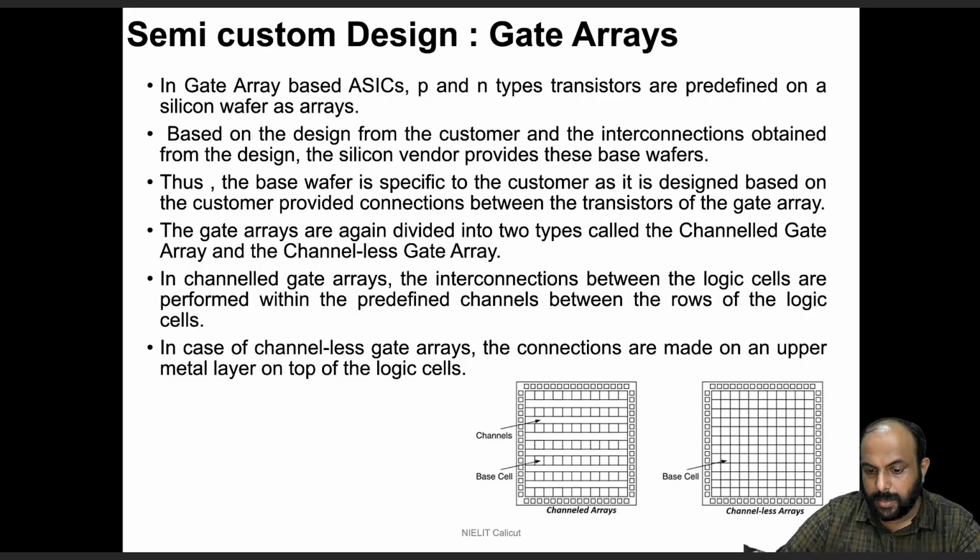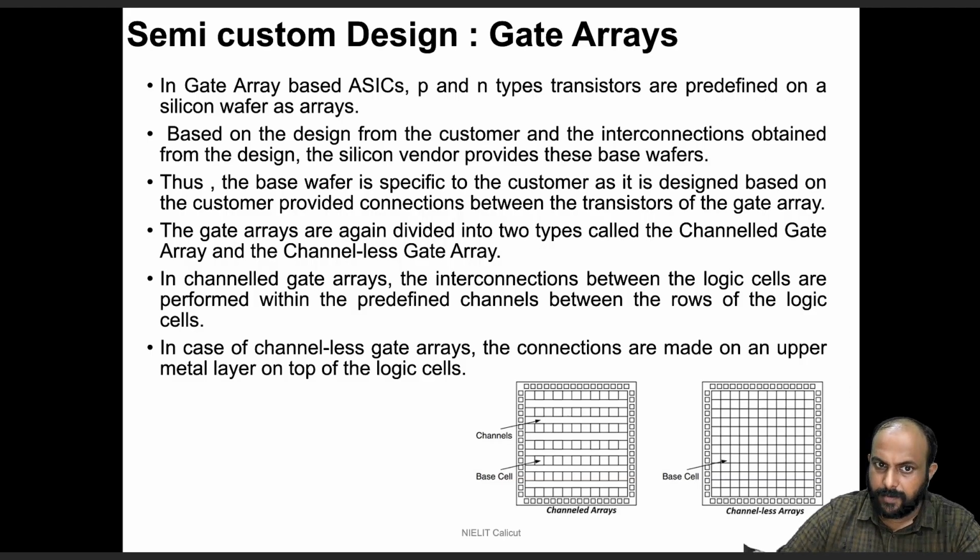As you can see in the bottom side, there are two structures. The left side structure is called a channeled array, and the right side structure is called a channel-less array. In the left side structure, you can see some channels in between the logic placements, which are missing in the right side channel-less arrays. Both of these structures form semi-custom design known by the name gate arrays.